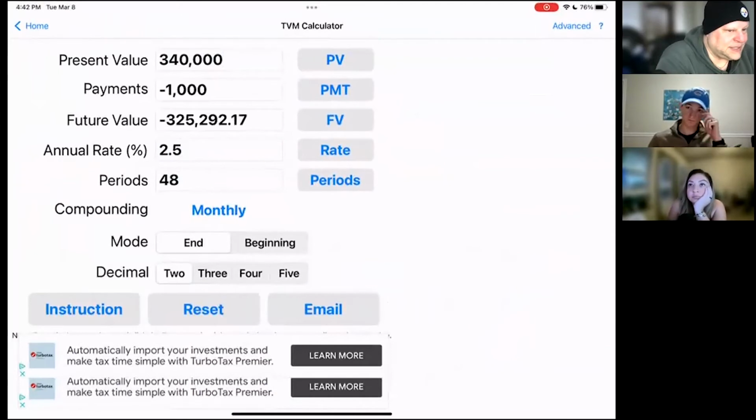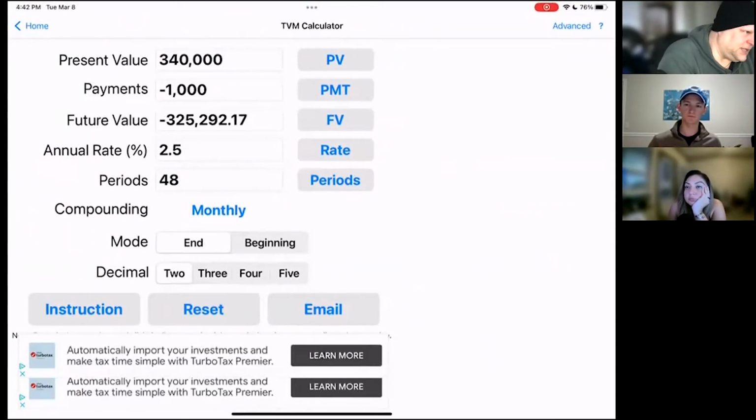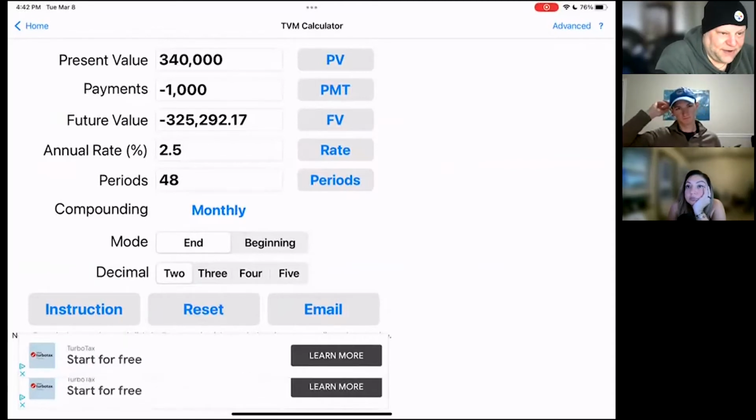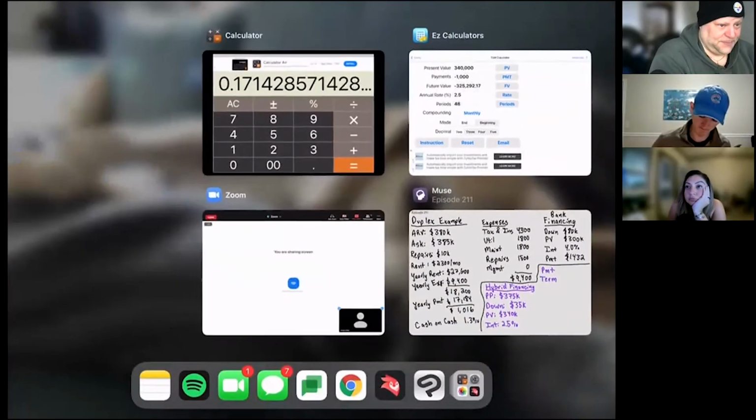So it takes us down to 325, which isn't bad, but what does that equate to? It's 15,000 over 4 years. It's about $3,800 a year. Yeah. Nothing super exciting.